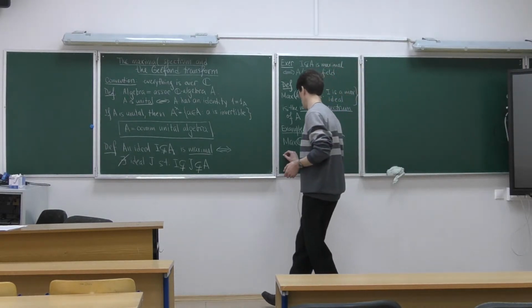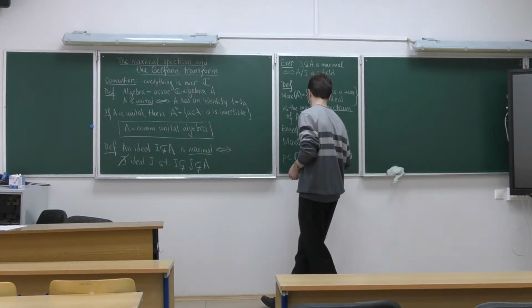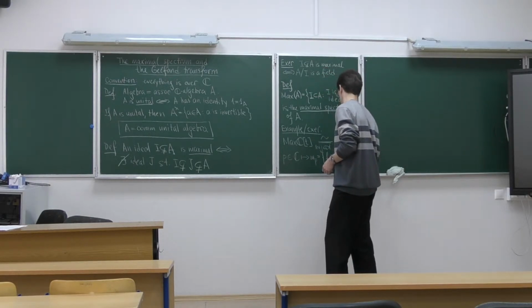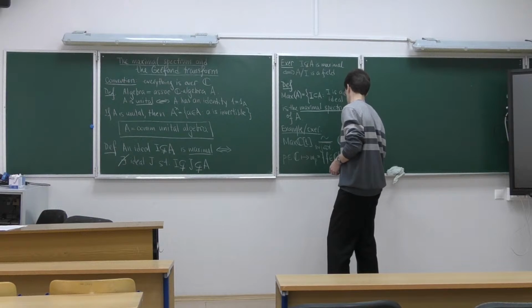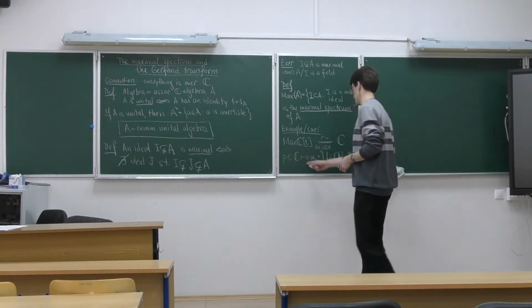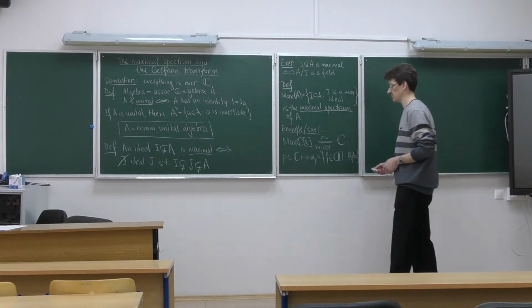If P is a point in the complex plane, then the respective maximal ideal, let's denote it by M_P, consists of all polynomials f which vanish at P. So this correspondence is a bijection between the complex plane and the maximal spectrum of the polynomial algebra.